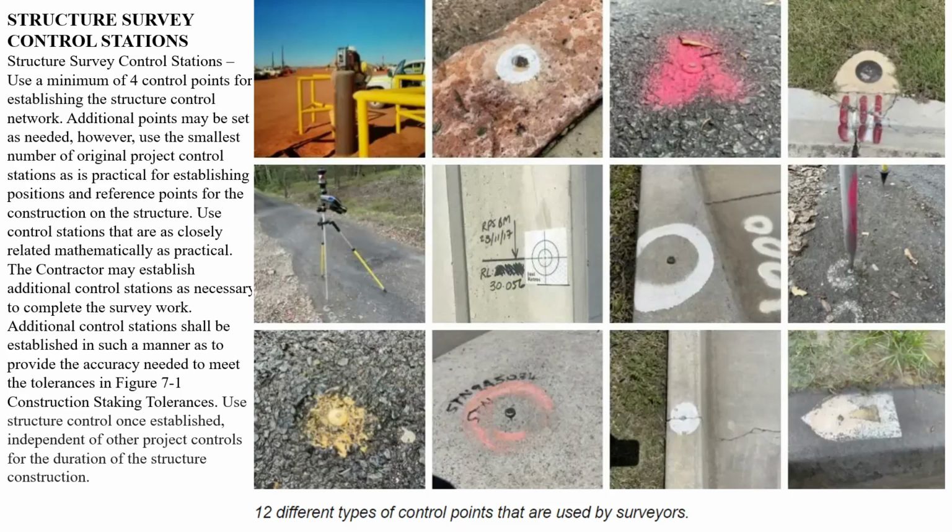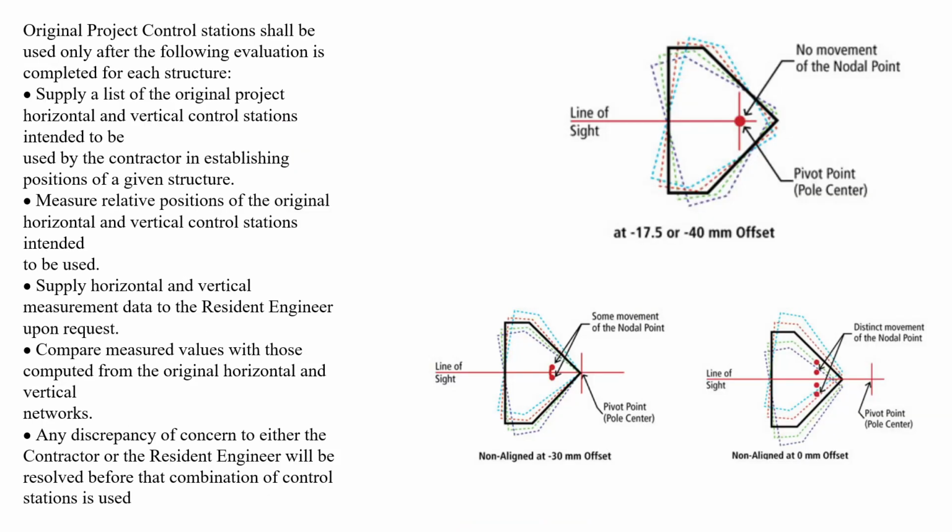Additional control stations shall be established in such a manner as to provide the accuracy needed to meet the tolerances. Construction staking tolerances use structure control once established, independent of other project controls for the duration of the structure construction.